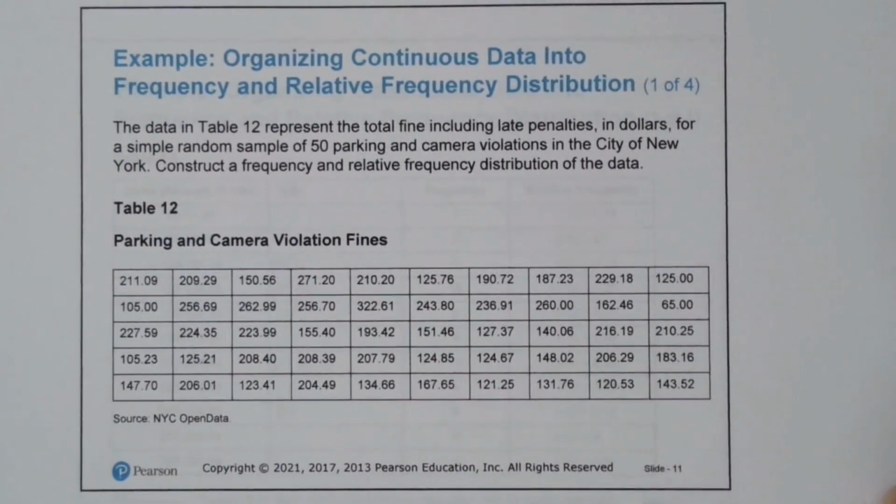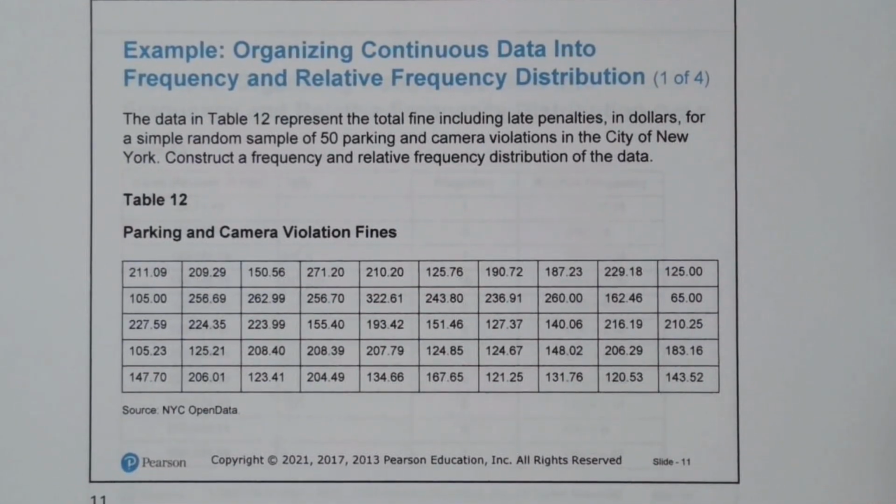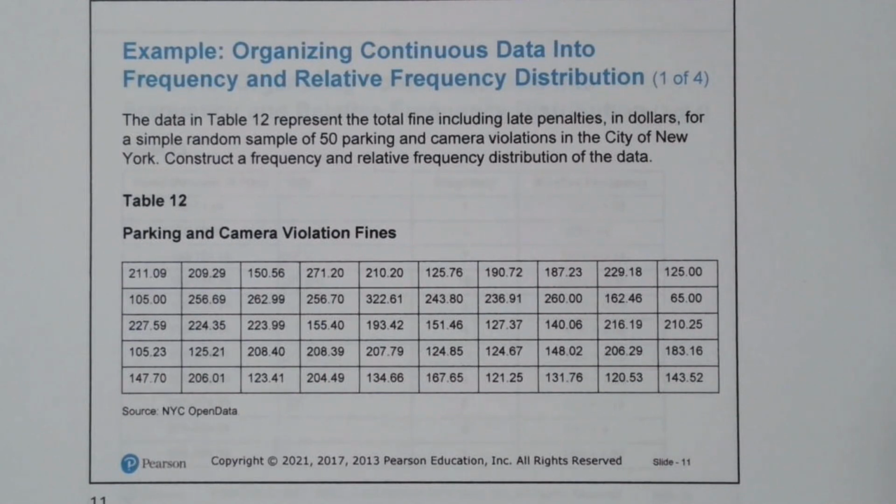So we're going to look at organizing continuous data into a frequency and relative frequency distribution. Let's see, the data in Table 12 represent the total fine, including late penalties, in dollars for a simple random sample of 50 parking and camera violations in the city of New York.